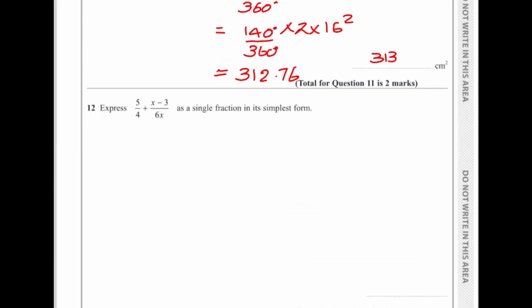Question 12. Express 5 over 4 plus (x minus 3) over 6x as a single fraction in its simplest form. To do this one, there are two methods. So I'm explaining here the first method. Let's do it using the first method.